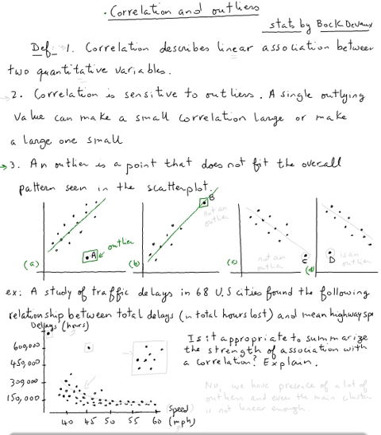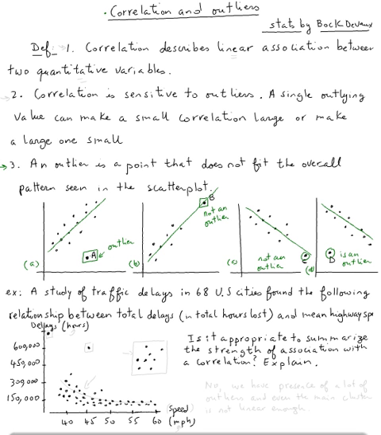So no, not an outlier. Now what about the point C? Same thing. Here's the pattern, not an outlier. What about D? It is an outlier. Why? Because look at the pattern. So at least we know what an outlier means now.